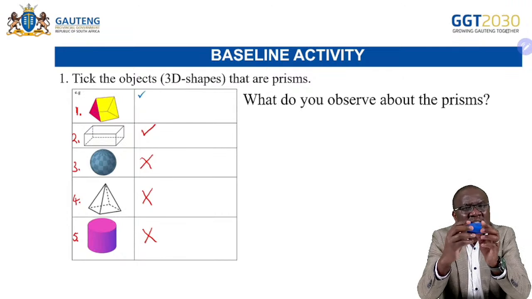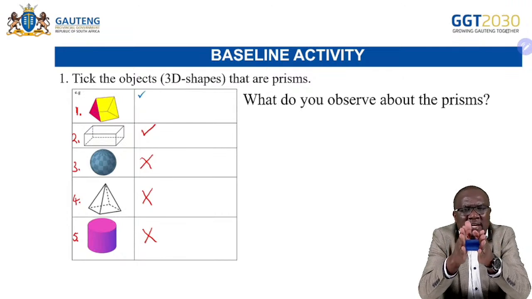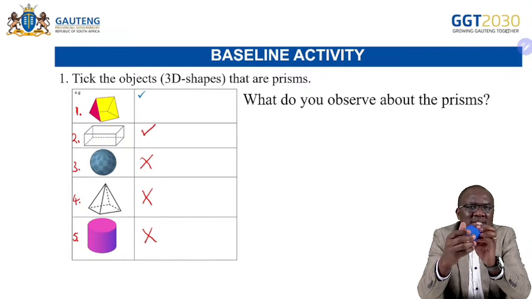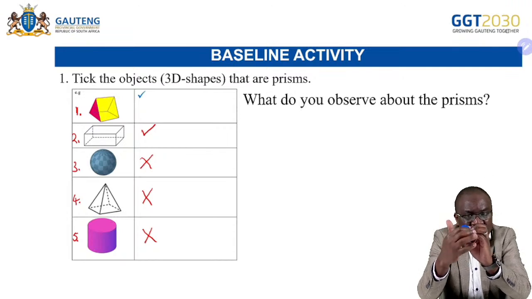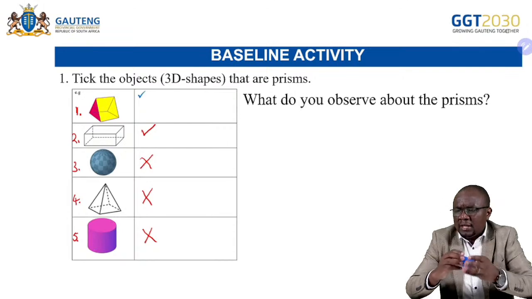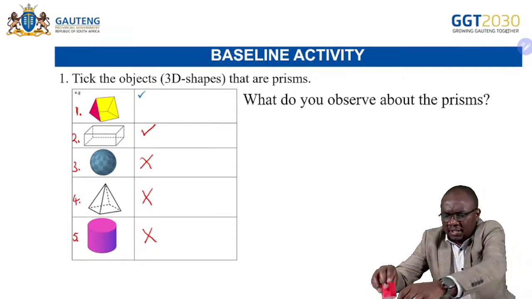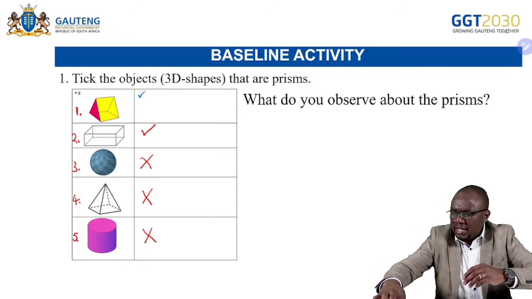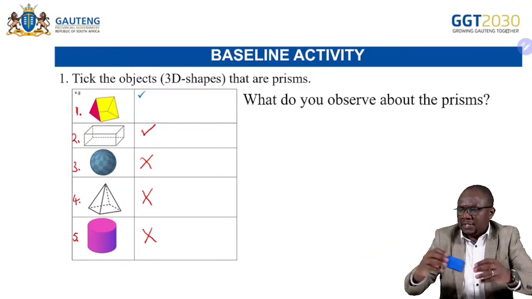So that's why I said the cylinder will behave like a prism, but it is not a prism because of such things. There we don't have vertices, there we don't have corners. You see that? But it has what? Parallel bases.